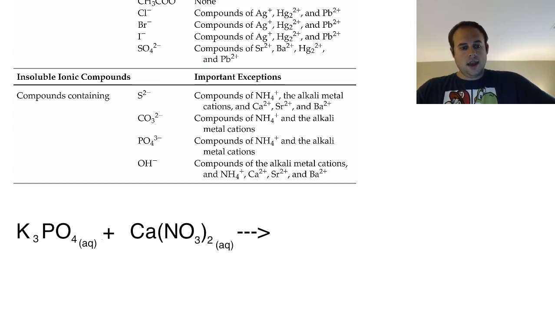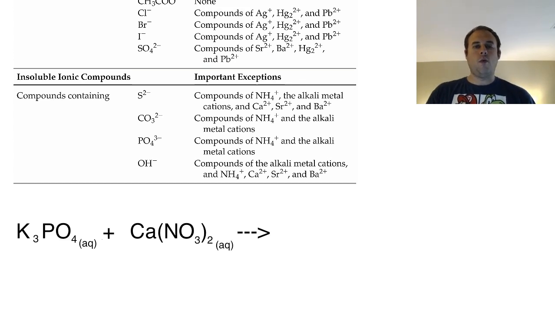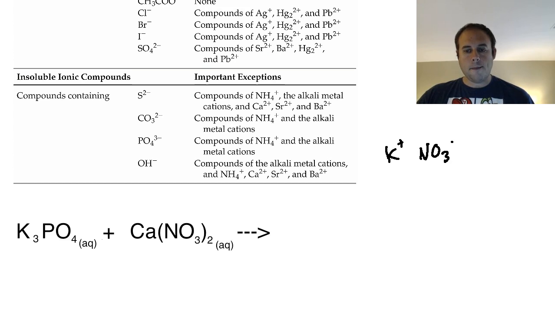All right, so if I take a look at this, I have potassium phosphate and calcium nitrate. I want to mix the cations with the new anions that they're not currently mixed with. So one of the first things is that I'm going to mix potassium with nitrate. Potassium is K+, and nitrate is NO3-.